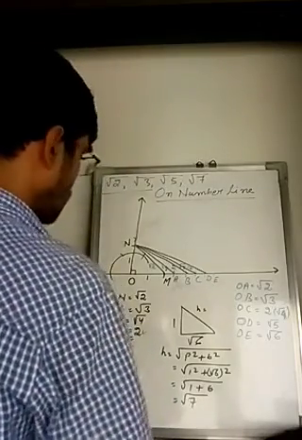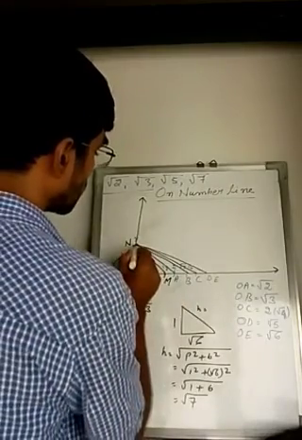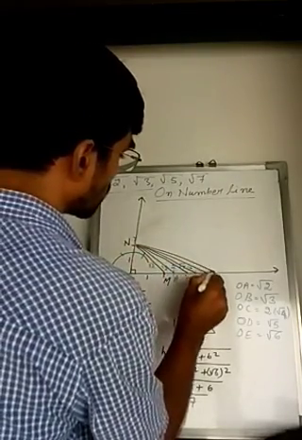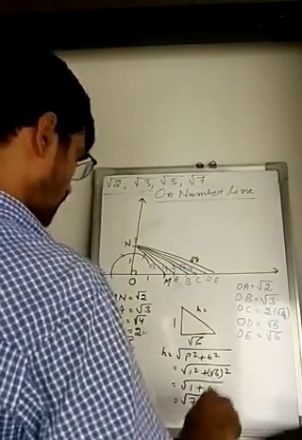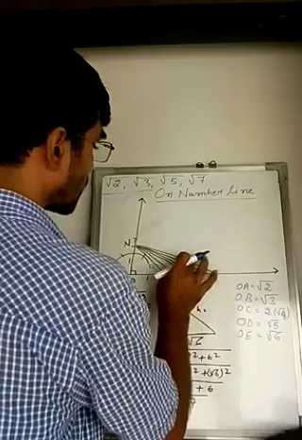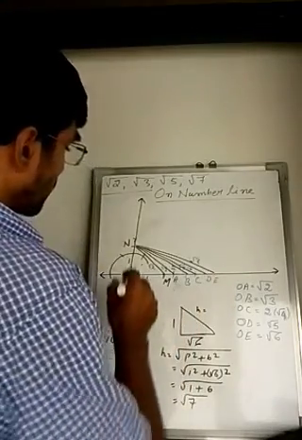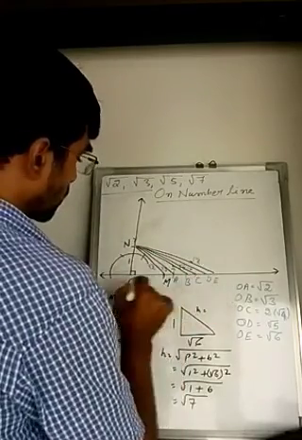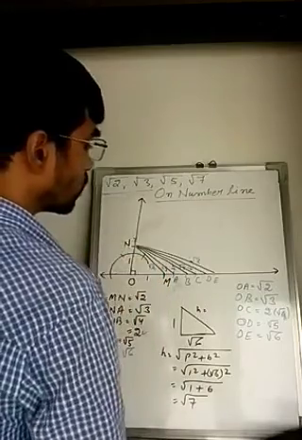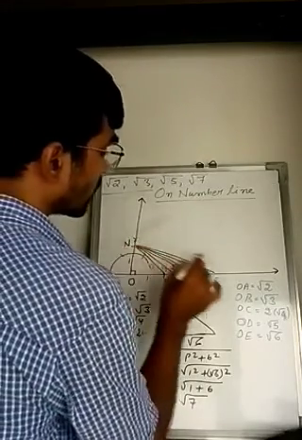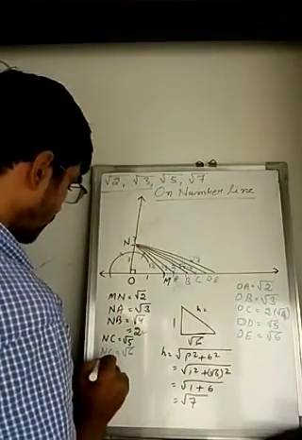So simply if I join this line, that is N to E, this will be my root 7. Right? Without any doubt we can write like this, root 7. Because in this triangle NOE, OE equals root 6 and ON equals 1. So the hypotenuse NE will be what? Root 7.